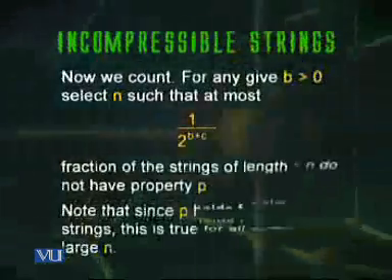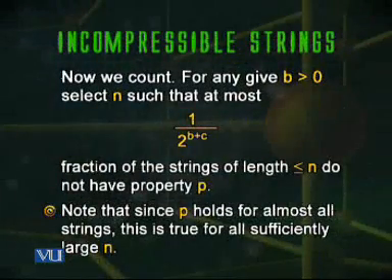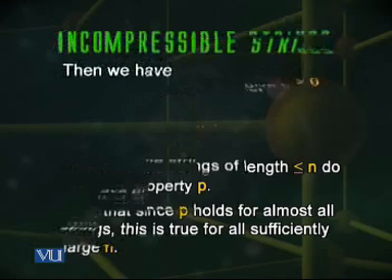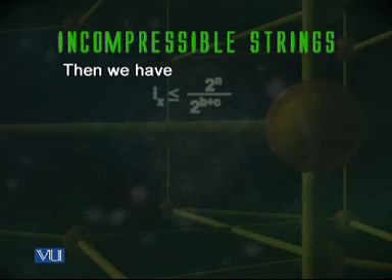So we can take n large enough which satisfies this property. Note that since P holds for almost all strings, we can always find such an n. This is true for sufficiently large n. Then I sub X is going to be less than or equal to 2 to the n over 2 to the B plus c.